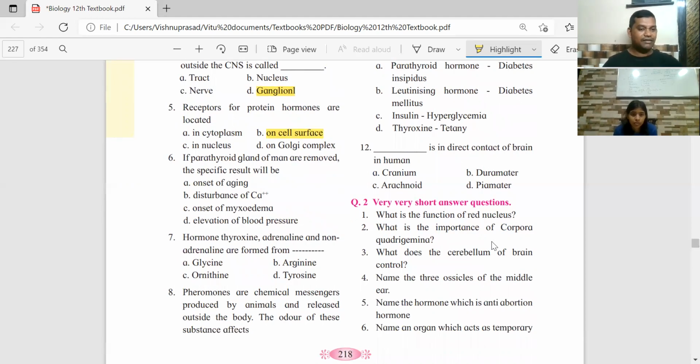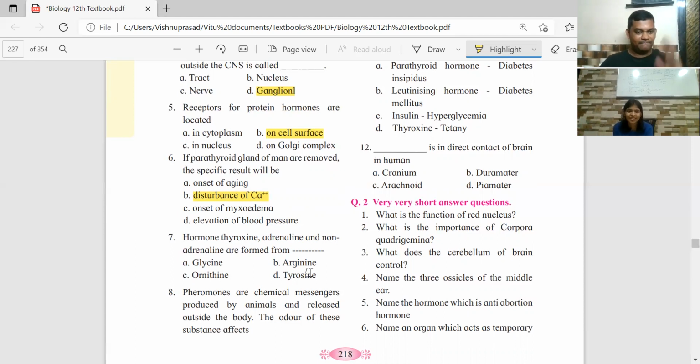Parathyroid is associated with what metabolism? Calcium. Yes. Calcitonin and parathormone are antagonistic, hai na? So calcium will be disturbed simply.